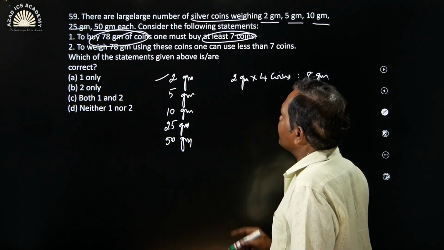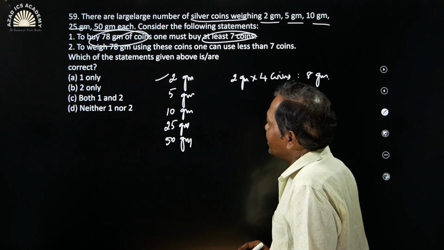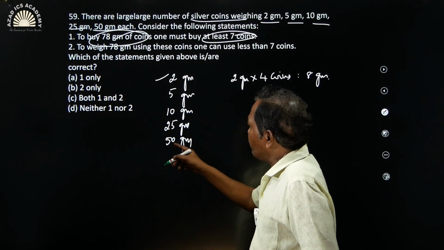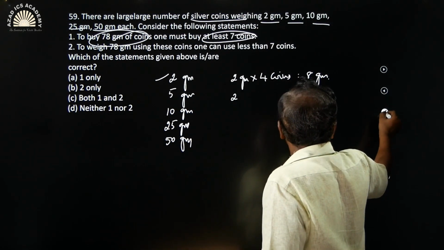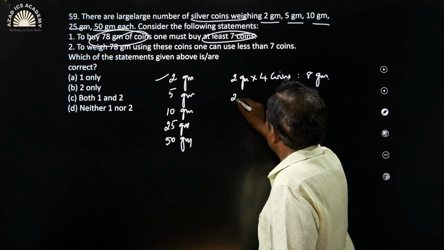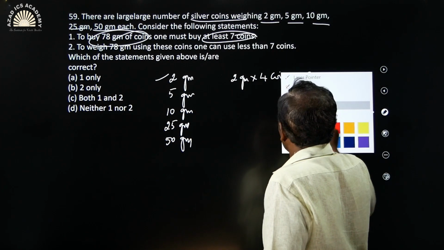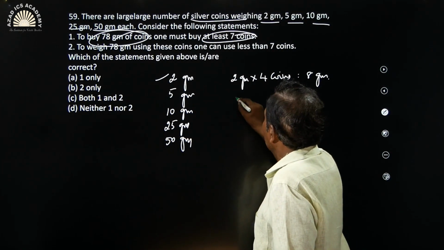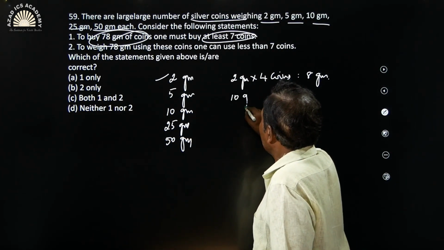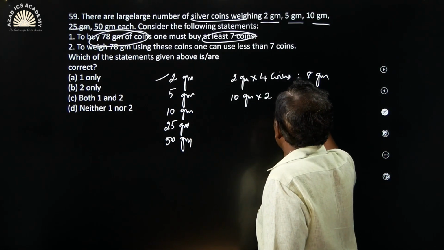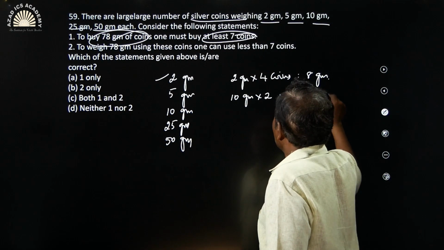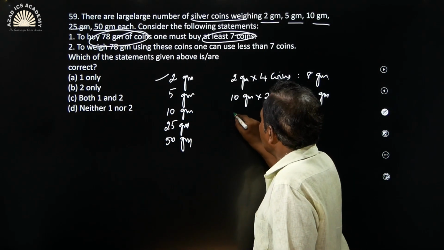78 minus 8 is 70. For 70 you can take 50 gram and 20 gram.